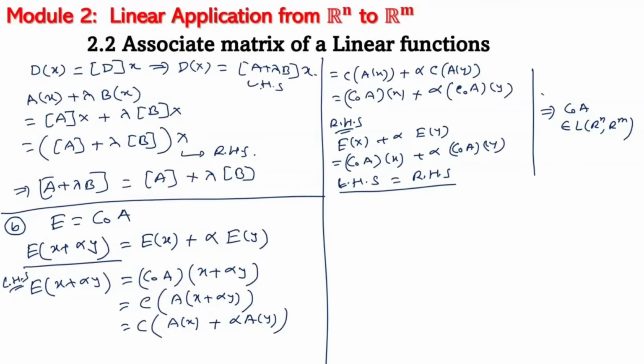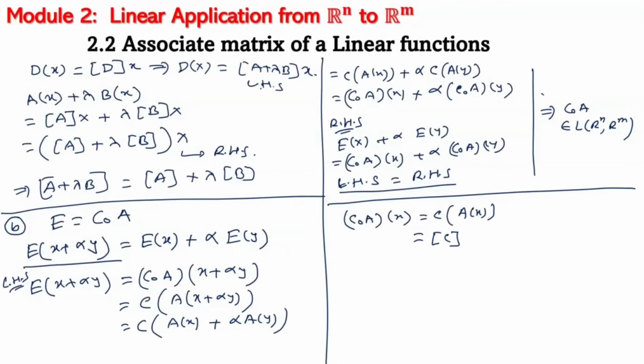Okay, so C composition A of X. For the matrix form, we have C composition A of X, which we can write as C operating on AX. So this will be matrix C times AX. Now AX further, this is matrix C operating on AX.